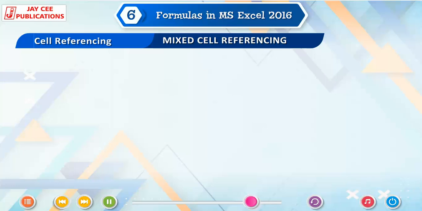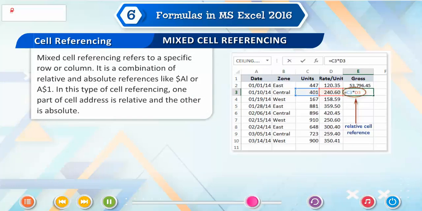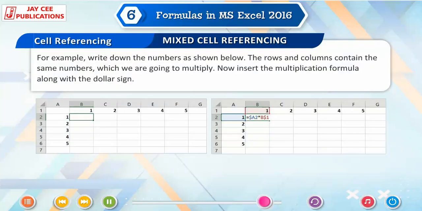Mixed cell referencing. Mixed cell referencing refers to a specific row or column. It is a combination of relative and absolute references like $A1 or A$1. In this type of cell referencing, one part of the cell address is relative and the other is absolute. For example, write down the numbers as shown below.